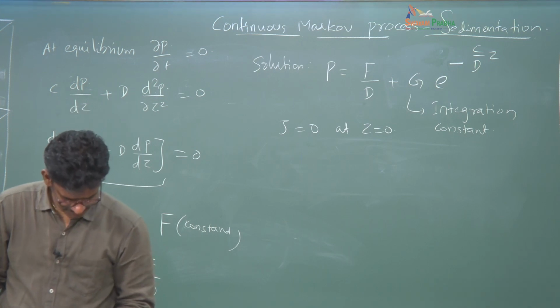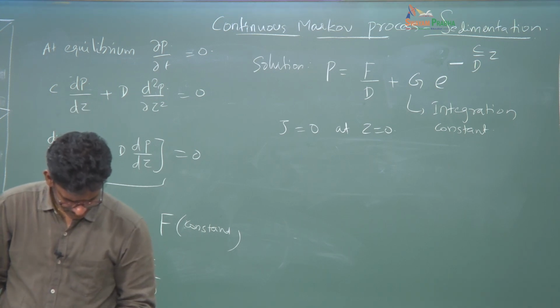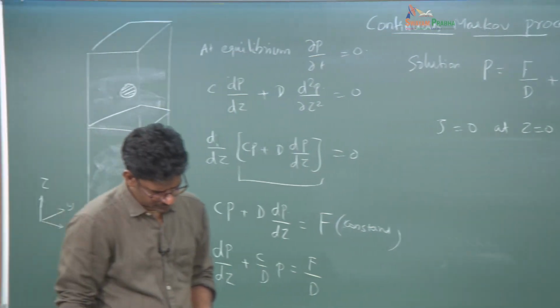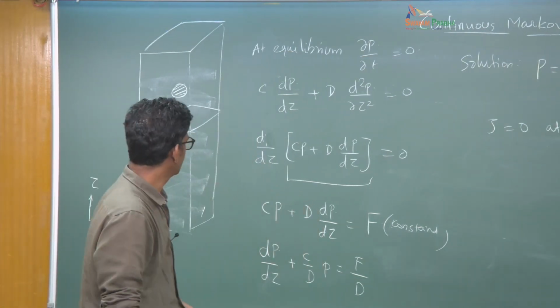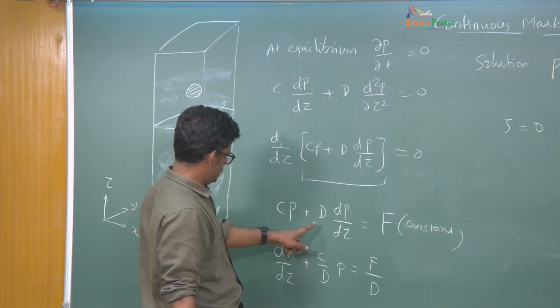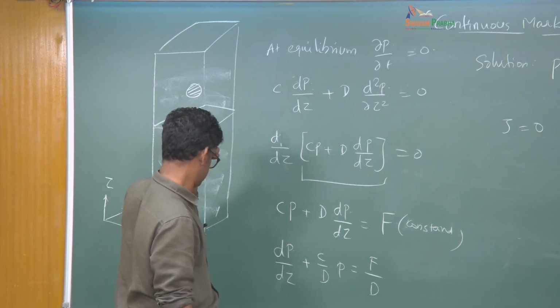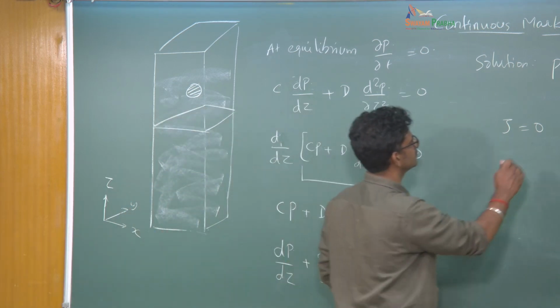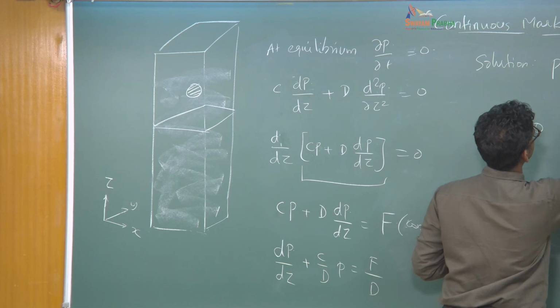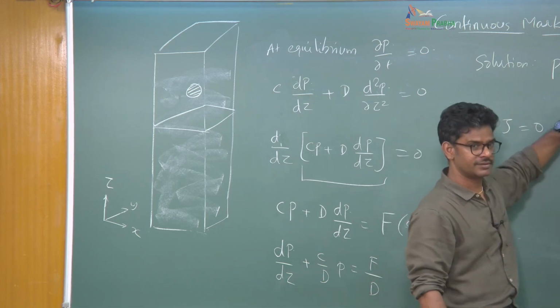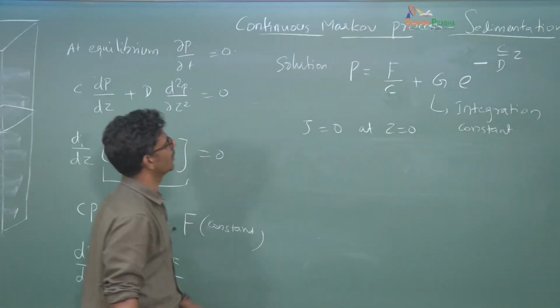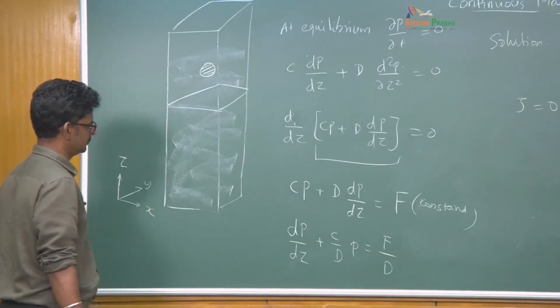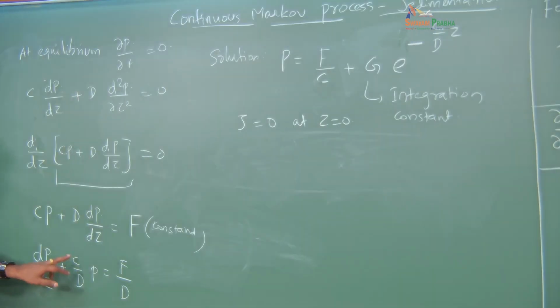Okay, okay. Oh yeah, because I think D will get cancelled, you'll get C. So you get F by C here, like this. Yeah, I think this D will get cancelled, you'll get C.